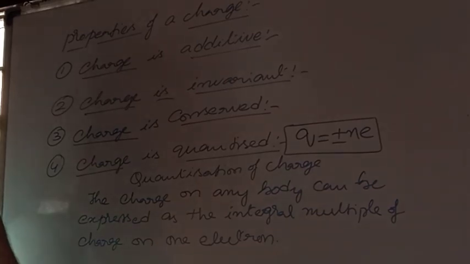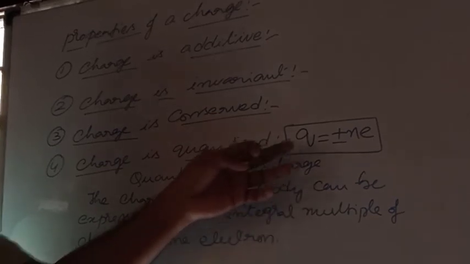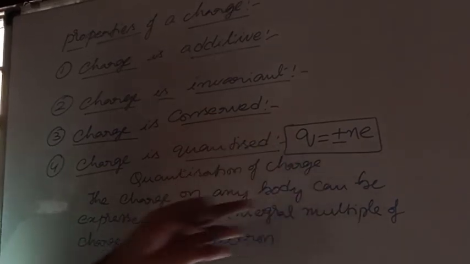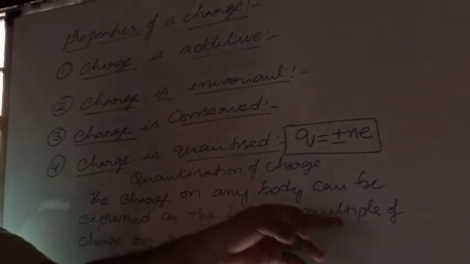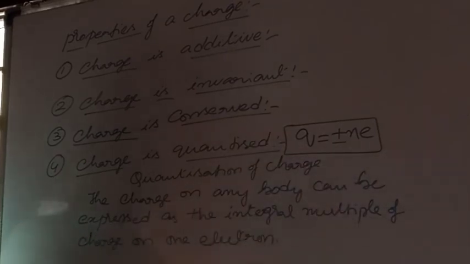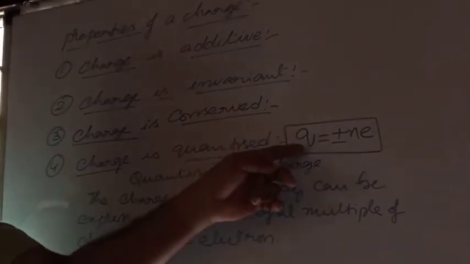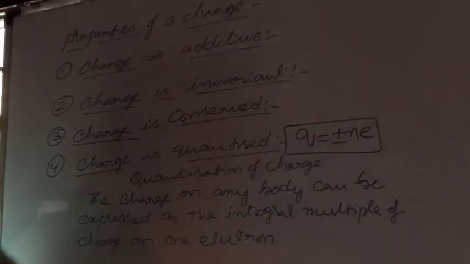The charge on an electron is denoted by small e. So we can write, as the definition says, the charge on any body, that is Q, can be expressed as the integral multiple, that is N, of the charge on one electron, that is e. So we can write Q equals plus or minus Ne.